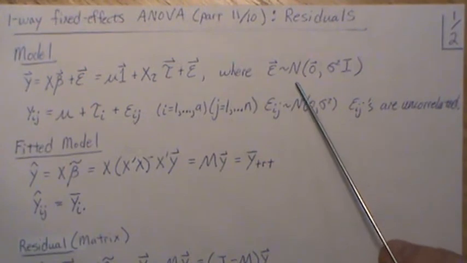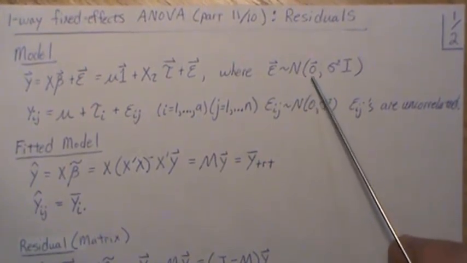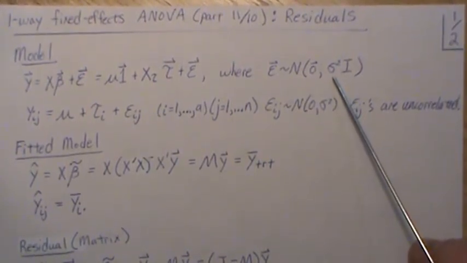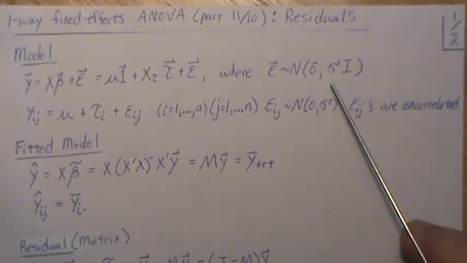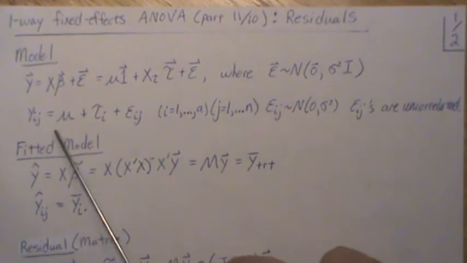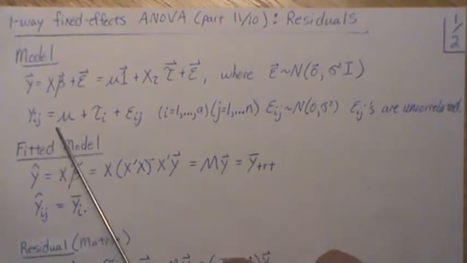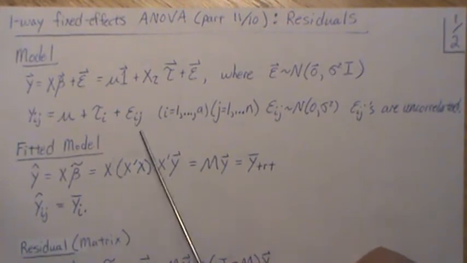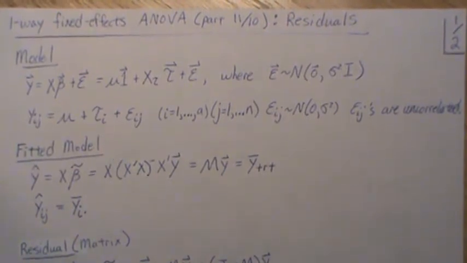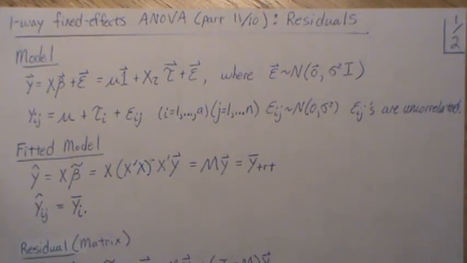The errors are assumed to be normally distributed, mean 0, constant variance sigma squared. The covariances are 0. In scalar form, it's y_ij equal to mu plus tau_i, which is the ith treatment effect, plus epsilon_ij. Now, i goes from 1 to a, j goes from 1 to n. Epsilon_ij's are normally distributed, 0, sigma squared.